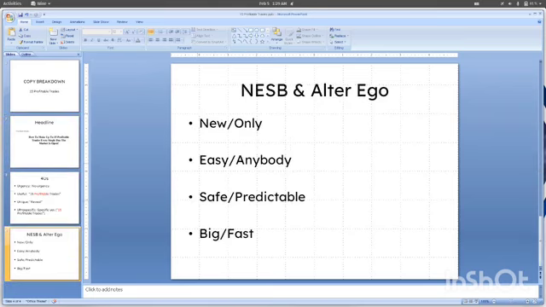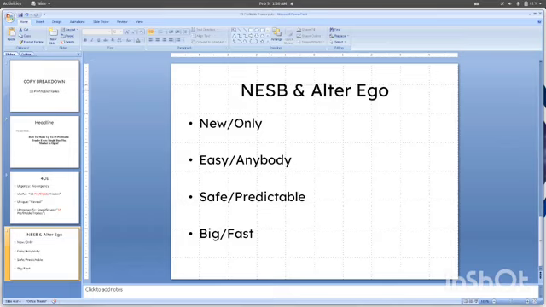Another thing that we look for in a piece of copy is the NSB, because copywriting is all about emotional writing. We write to trigger emotions in the reader.